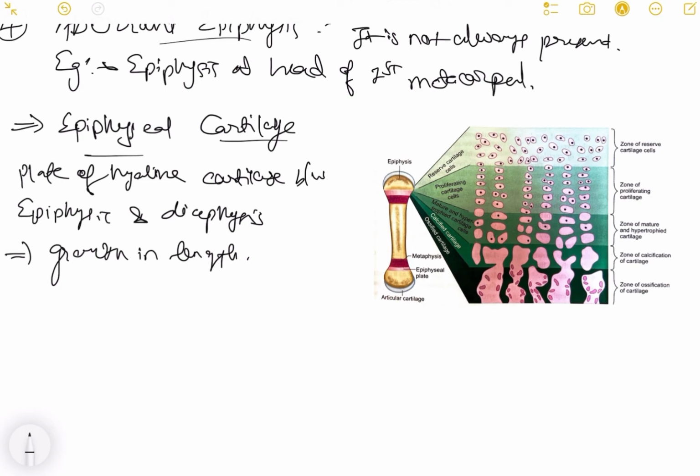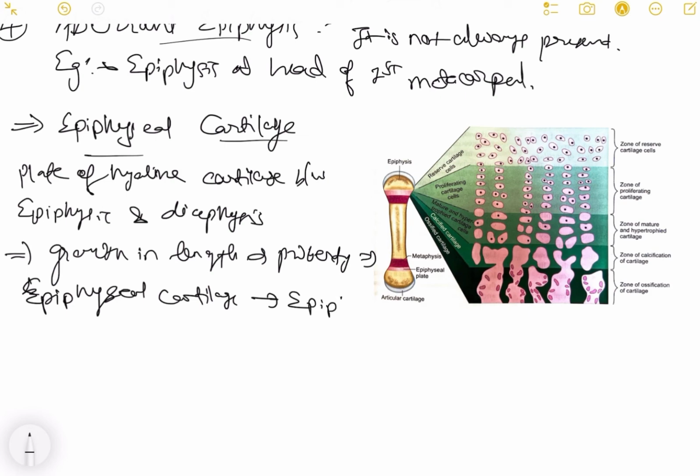And when the bone is completely grown after puberty, this epiphyseal cartilage is replaced with epiphyseal plate and hence becomes epiphyseal line. Getting?